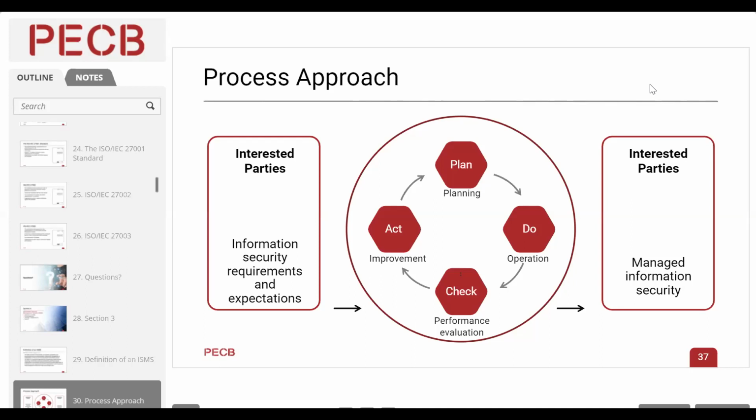Now, at this point in the planning stage, you are no longer coming to establish the ISMS. You've already established it. So the planning aspect that you're coming to do is a risk assessment. You are coming to assess the risks because in the 1 year that has elapsed, your environment might have changed.